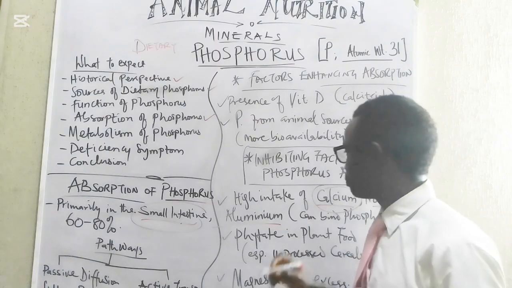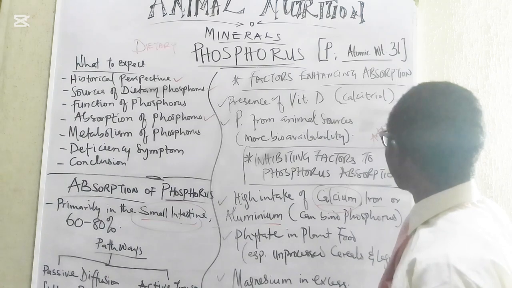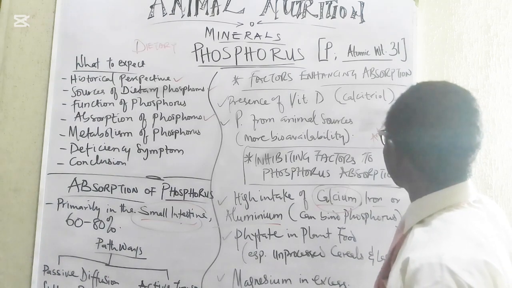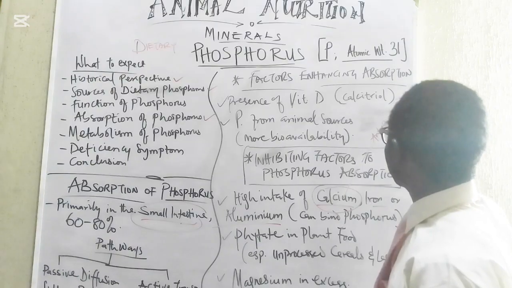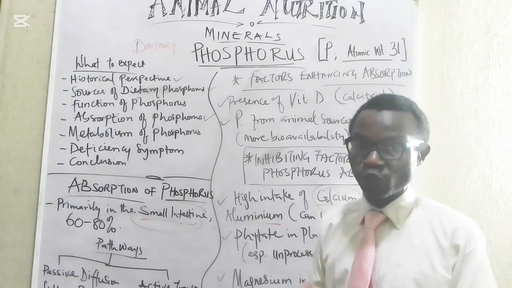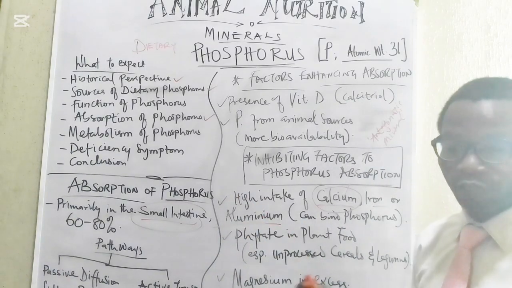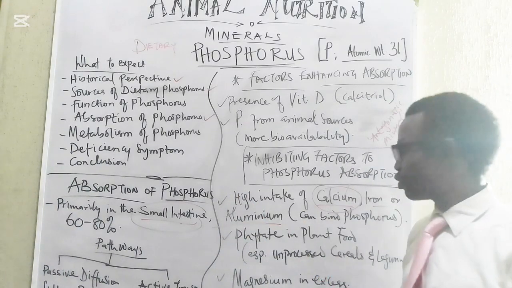We call them antagonistic minerals. In which case, when one is in high quantity, the other shouldn't be as high. So it's almost mutually exclusive, although it just reduces the other.